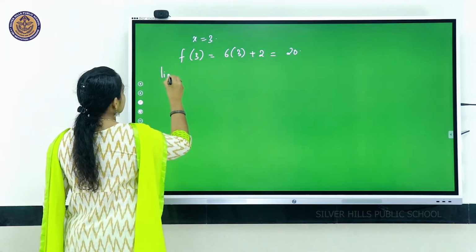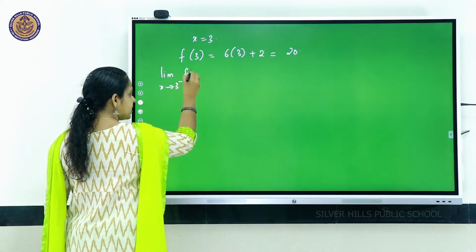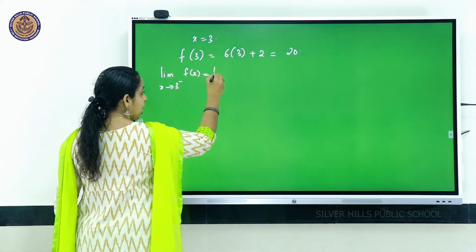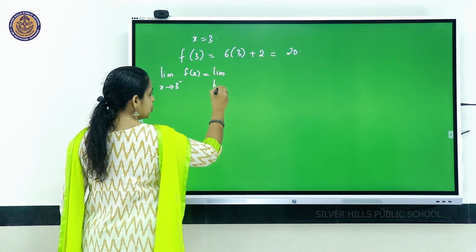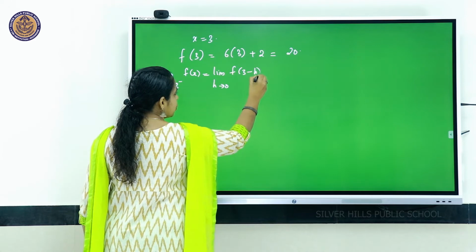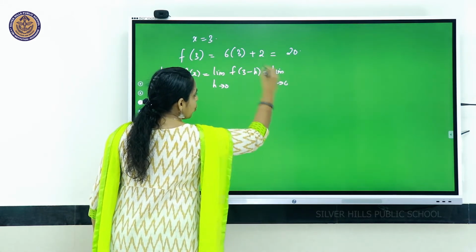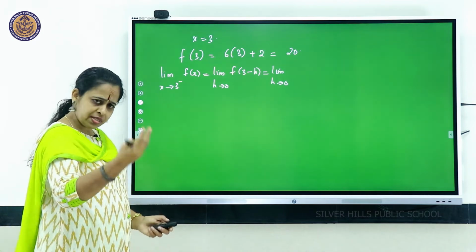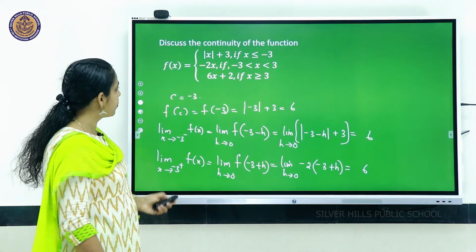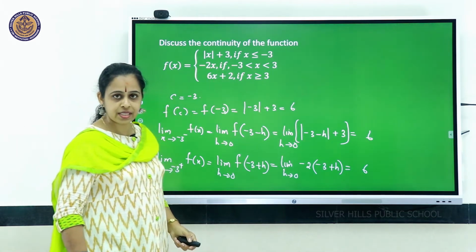Limit x tending to 3 minus f(x), that is, limit h tending to 0, f of 3 minus h. What is the definition when it is less than 3? When it is less than 3, it is minus 2x. Let us substitute.